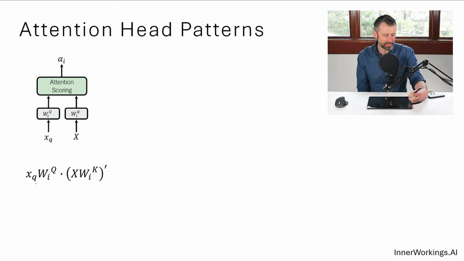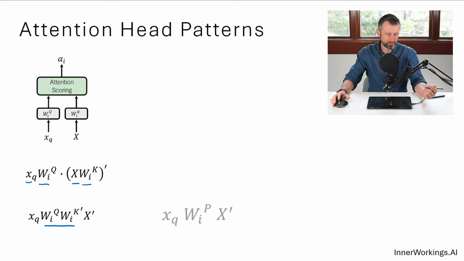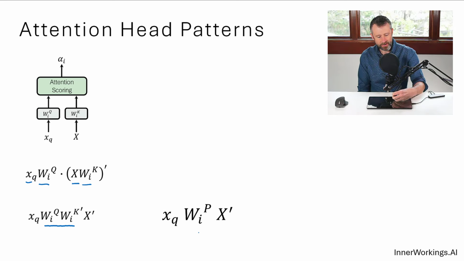So currently we take a query vector, project it onto query space, and then do the same with the sequence tokens to get the keys, and multiply those together to get the attention logits. We can rearrange that to put the projection matrices together, and then combine those and get our attention head pattern matrix. So we can do some of the same kind of analysis with this.